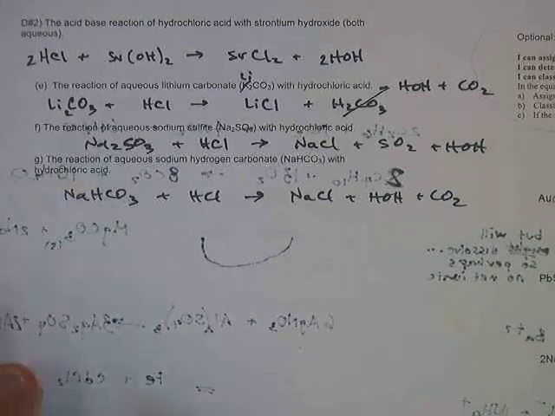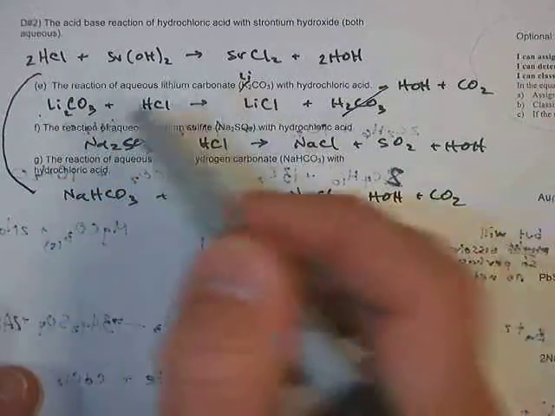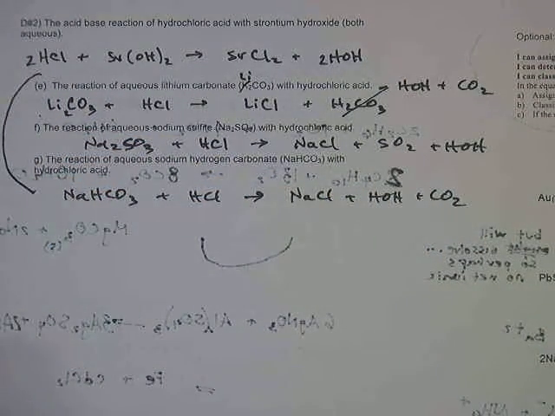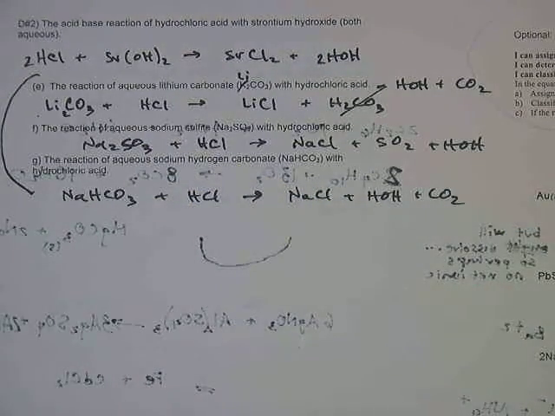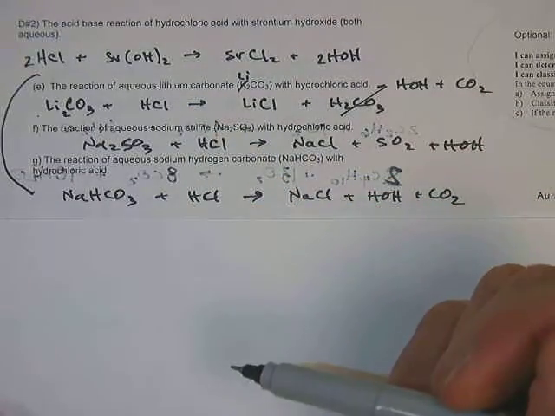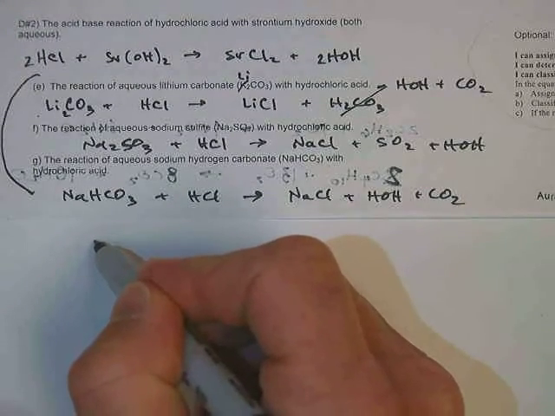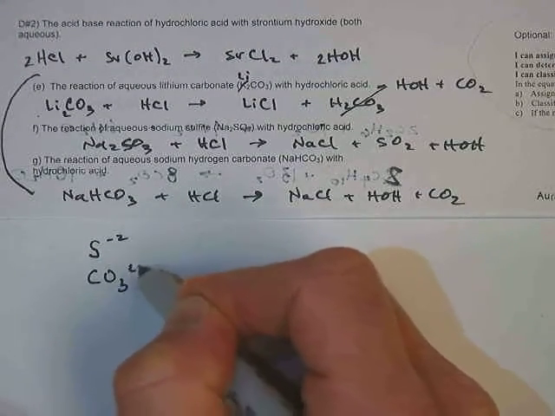And then on the back side, the very last problems, a few more writing acid-base reactions. The hydrochloric acid and strontium hydroxide, lithium carbonate, sodium sulfite. And these two right here, there are a couple tricky ones. No, there's one tricky one on the test like this. That's a carbonate, a sulfite, or a hydrogen carbonate.